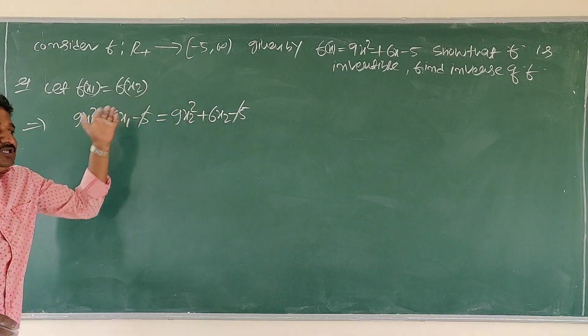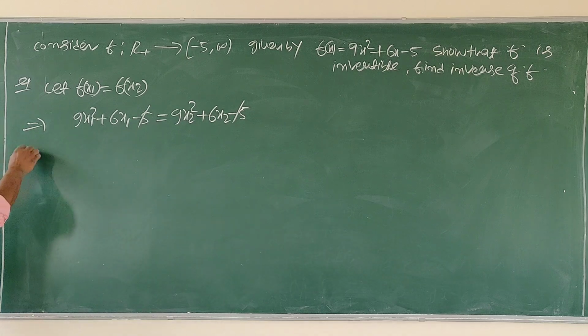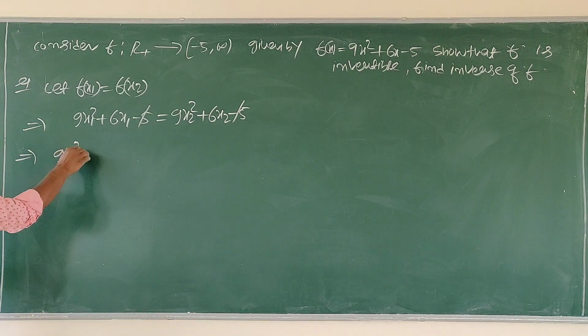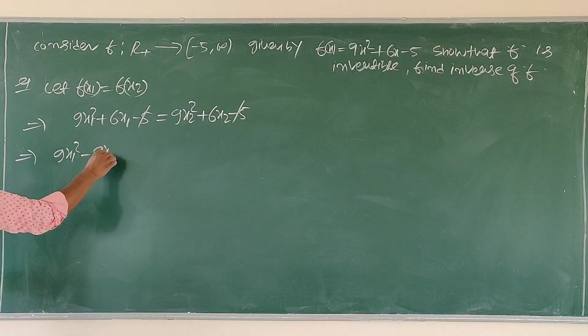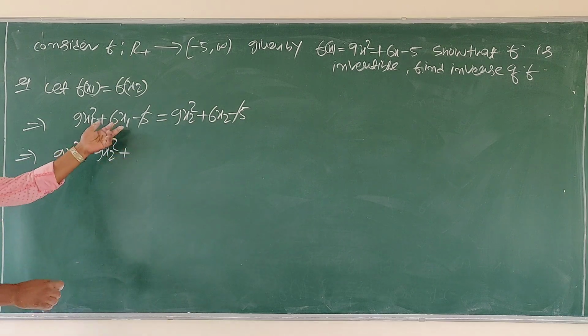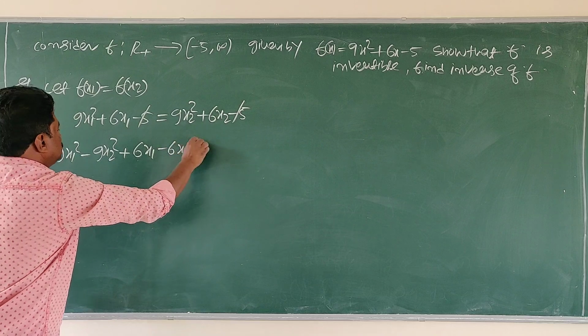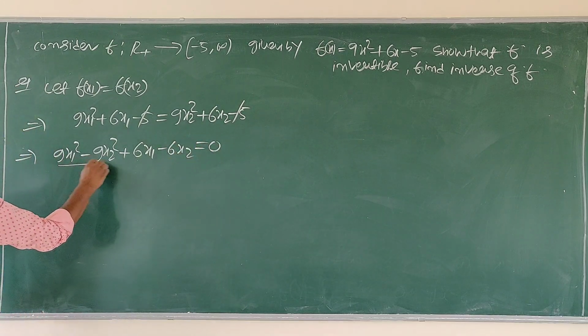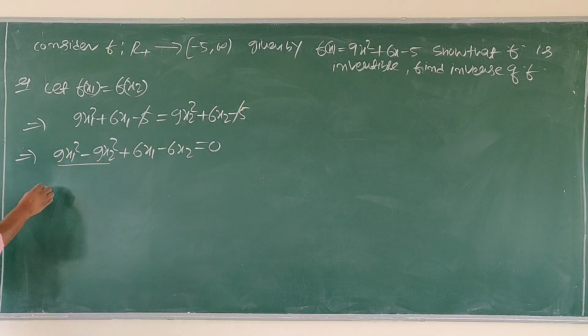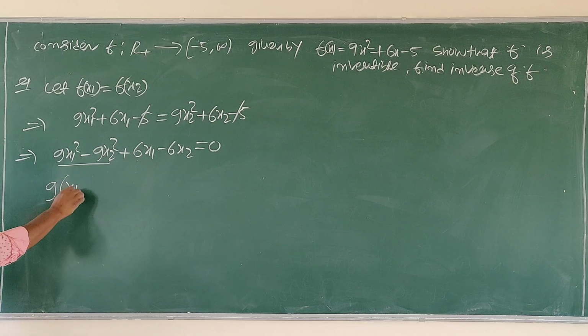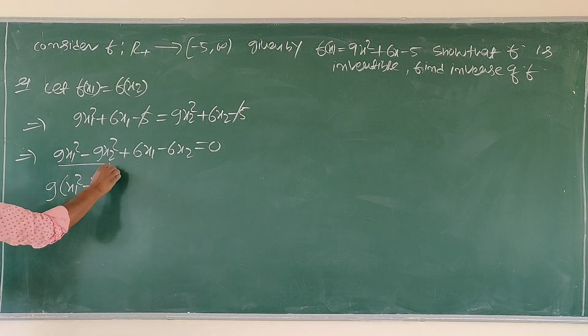Bring these terms to the left side, students. 9x1 square minus 9x2 square plus 6x1 minus 6x2 equals 0. Tell me what is common from these two, students. 9 is common: x1 square minus x2 square.